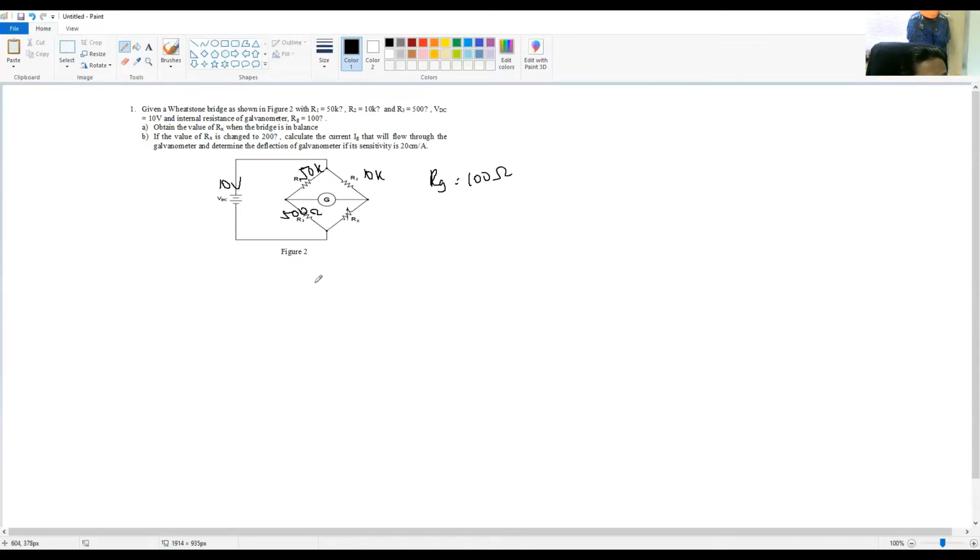First, obtain the value of Rx when the bridge is balanced.